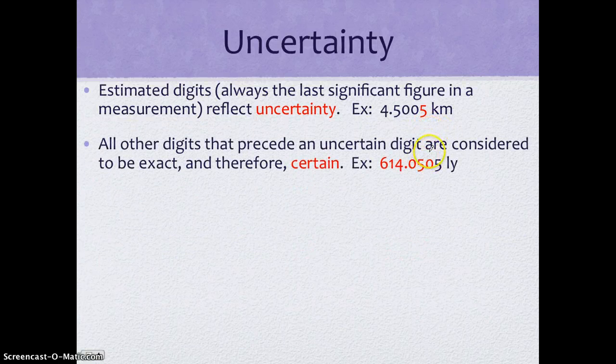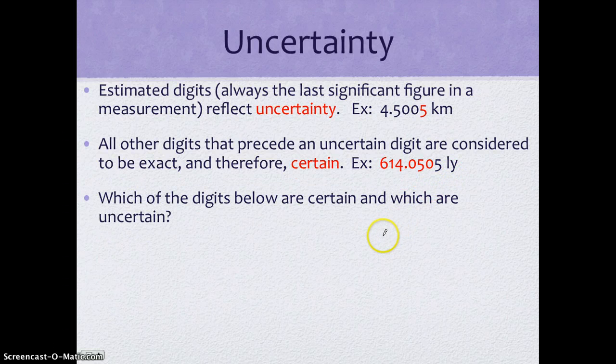All the other digits that go before the last number, or precede the uncertain digit, are considered to be exact, and therefore they are certain. What you have to know, though, is all of these certain digits plus the uncertain are all significant. And in case you're wondering what this unit is here, it's a light year.